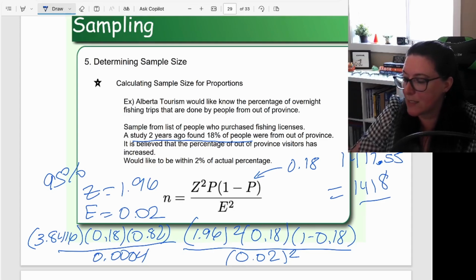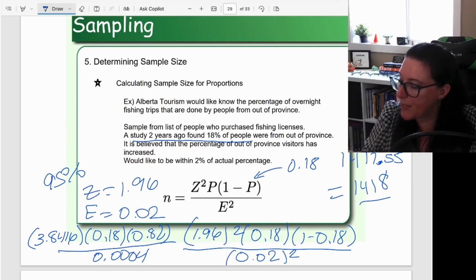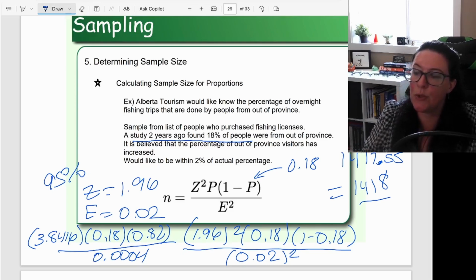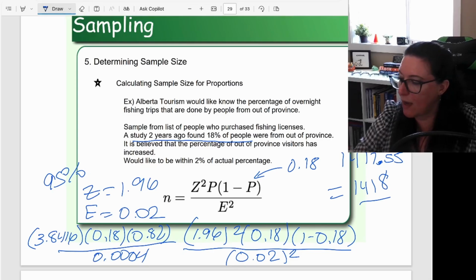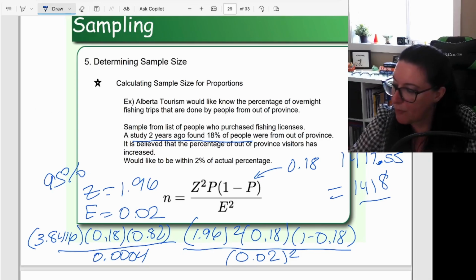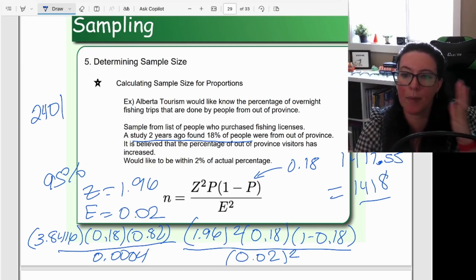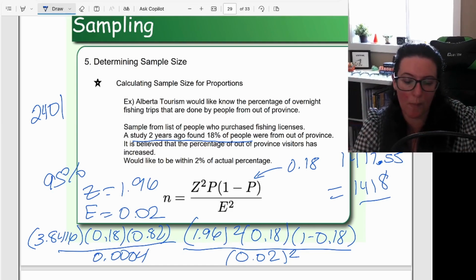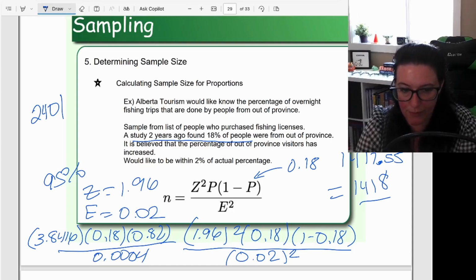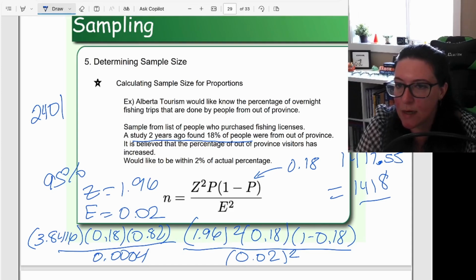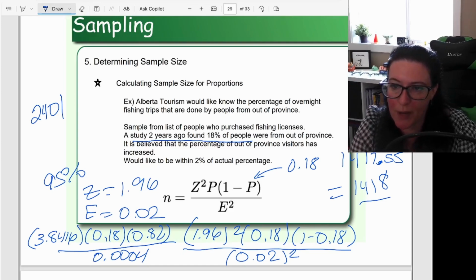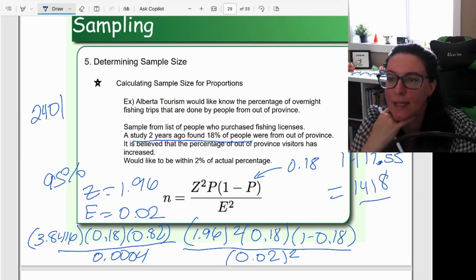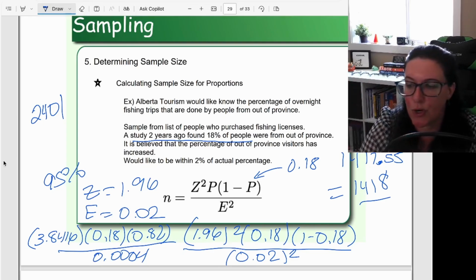We get 0.9604 divided by 0.0004. Notice if you change this from 18% to 50%, you now have a sample size of 2,400. So the sample size is bigger because we don't actually know what percentage was out of province. So we can see here we need a large sample size if we have this type of question in our survey.